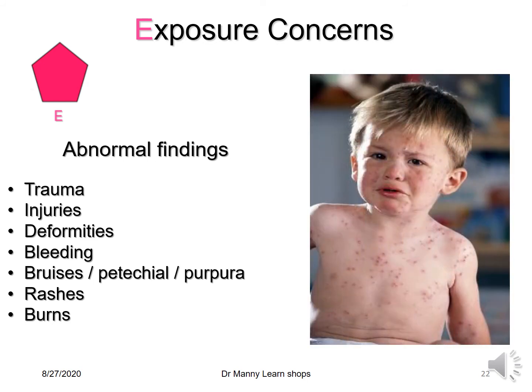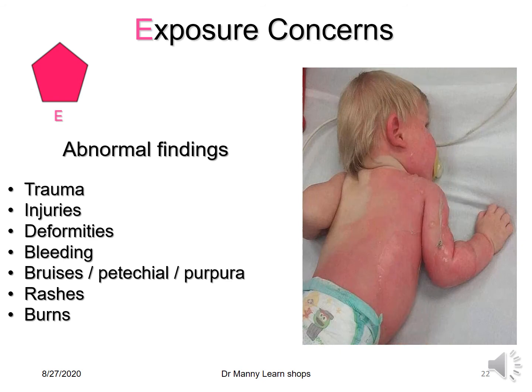Could be related to rashes, which can occur as a result of infective processes or possibly allergies, and burns. This is exposure, and it provides additional information to your initial PAT assessment.